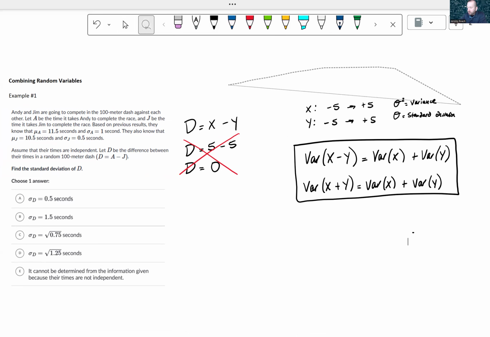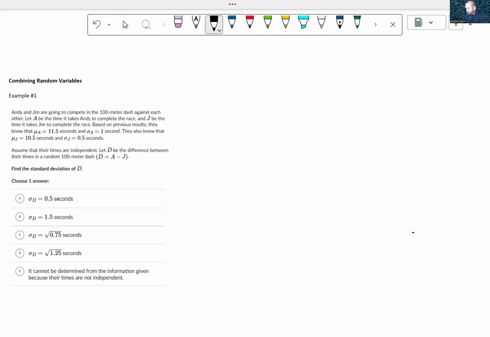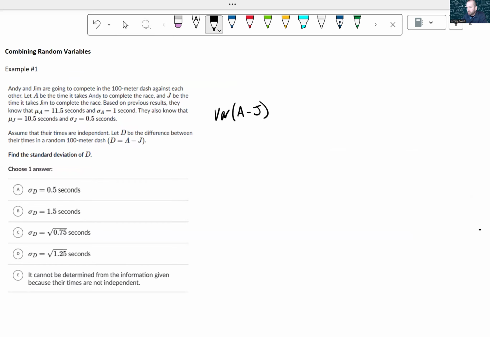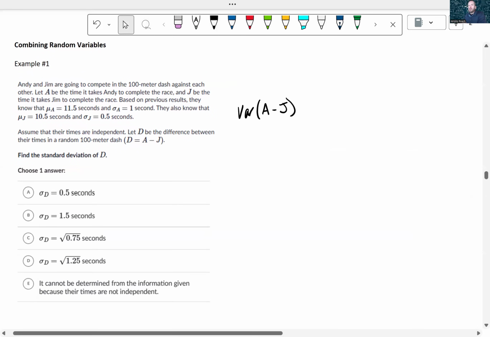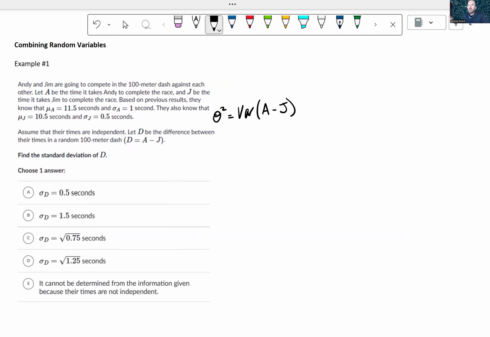All right, so let's go back to our problem now and let's see if we can solve this. So we want to find the variance of a minus j. Let me zoom in a little bit more. So we want to find that, and the variance is written like this.